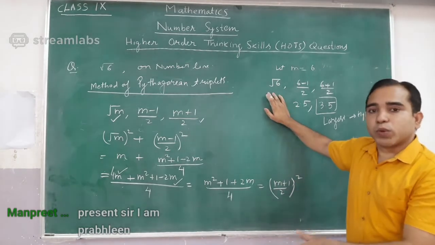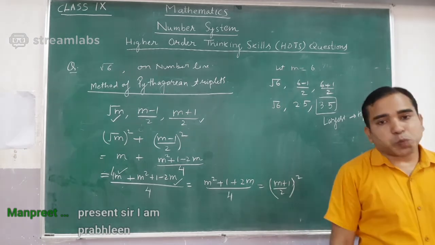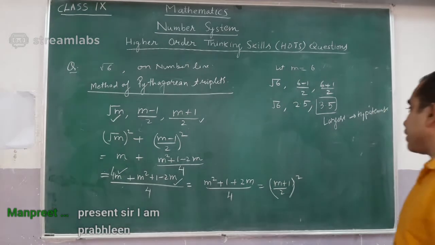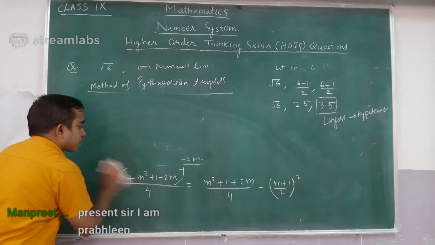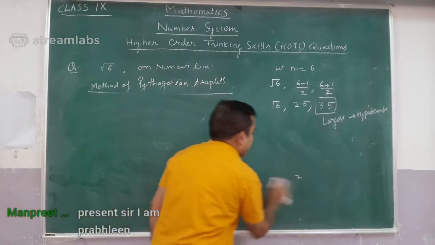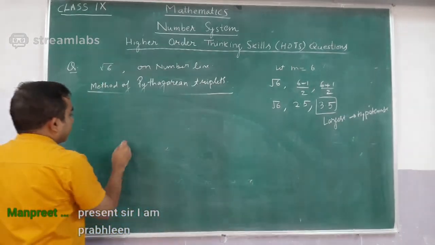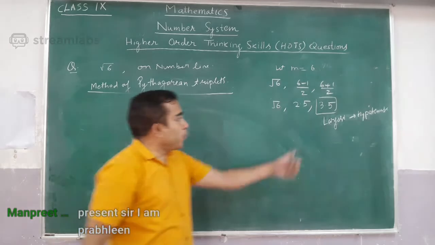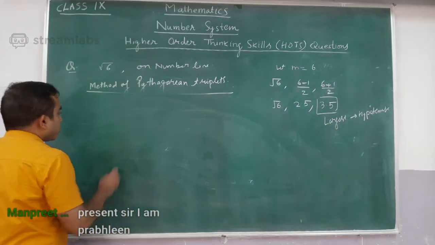You do not have to find this one, this will come automatically, you will measure from the scale. Now draw a right angle triangle. Now the things are simple. Draw a right angle triangle in which 3.5 should be the hypotenuse. So how to draw?